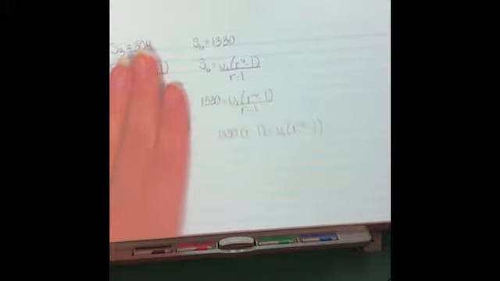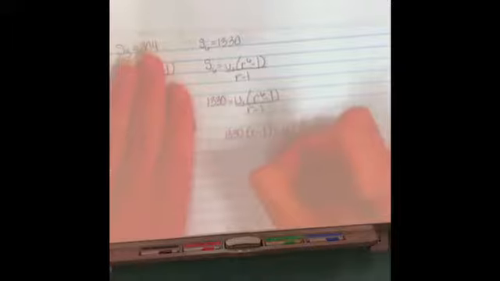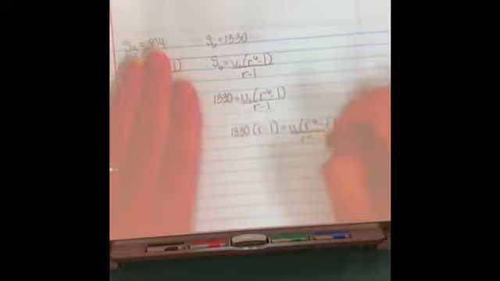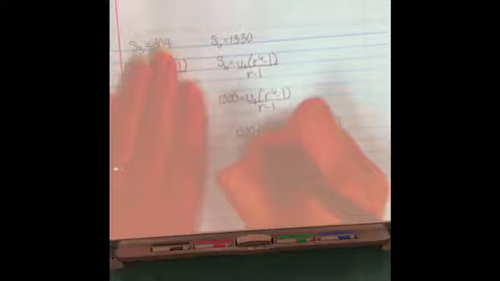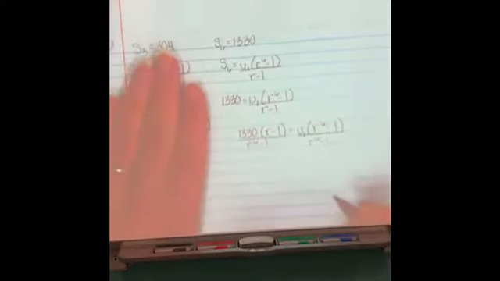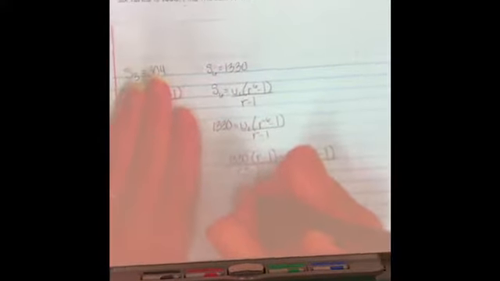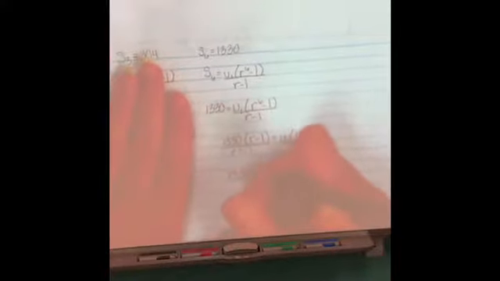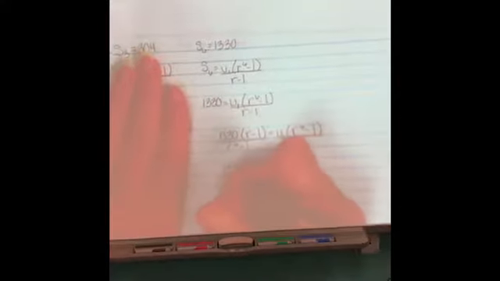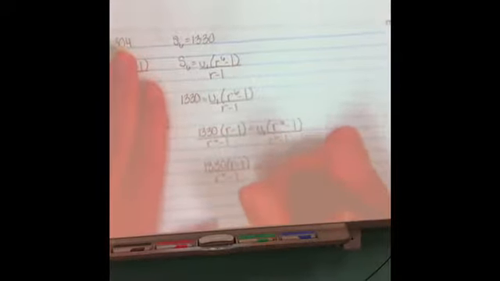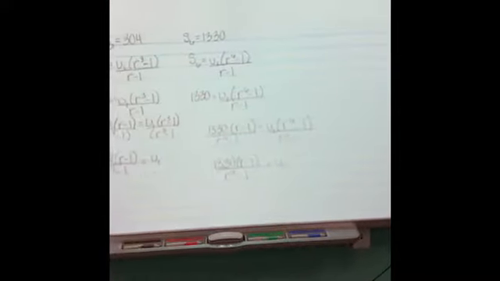Okay, and then from there, I'm going to go ahead and divide both sides by R to the 6th power minus 1. Okay, and then once I do that, I get U sub 1 all by itself. So I get 1,330 times the quantity R minus 1 over R to the power of 6 minus 1 equals U sub 1.